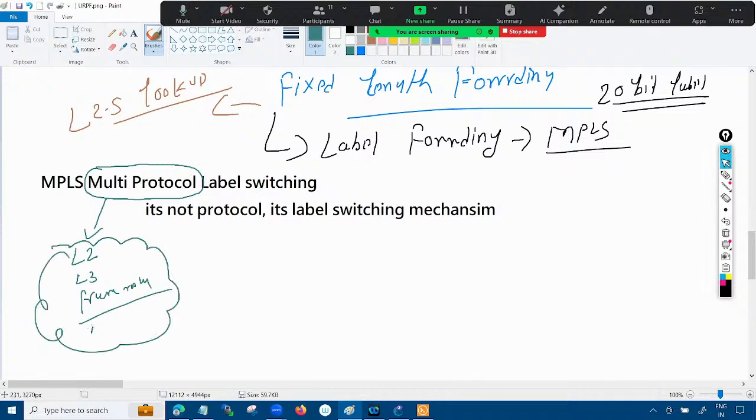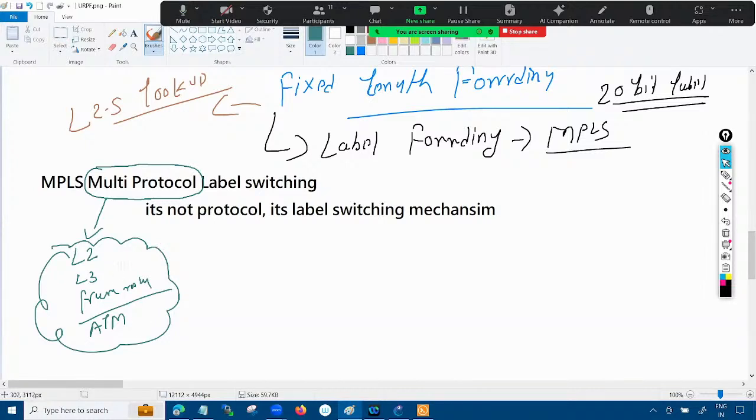That's an older technology, but now we are also using ATM. This guy can support multiple layers. You can support PPP, you can support SDLC serial links as well. Anything you can do with MPLS. That's the meaning of multi-protocol. Multi-protocol means it supports multiple protocols. You can use MPLS in various scenarios.